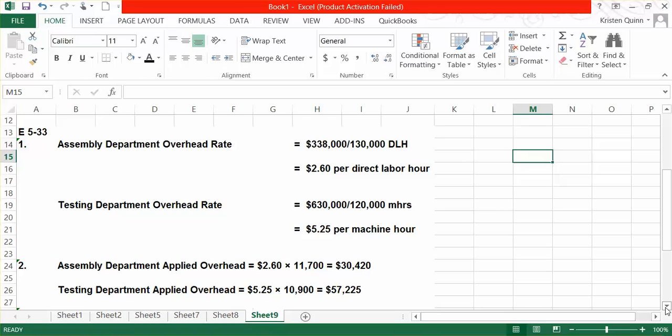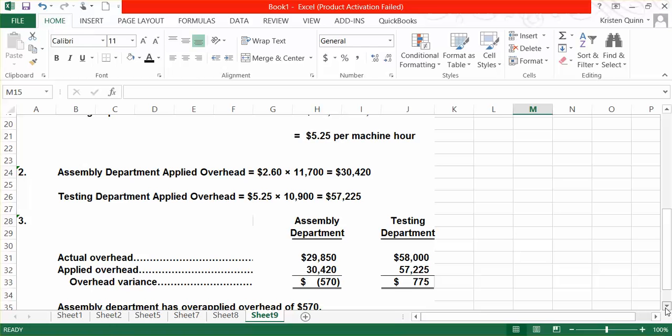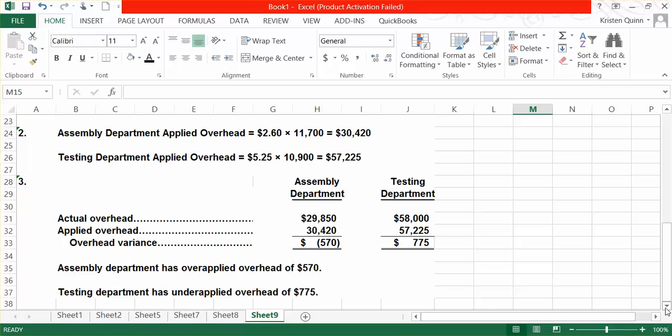In part 3, they want us to calculate how much each department's overhead was either over-applied or under-applied. They give us the actual amount of overhead that was incurred for each department. We list the actual overhead first. Again, remember, this is actual overhead, not estimated, of $29,850 for the assembly department and $58,000 for the testing department.